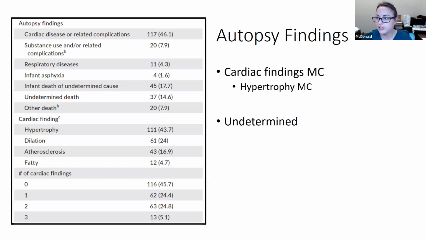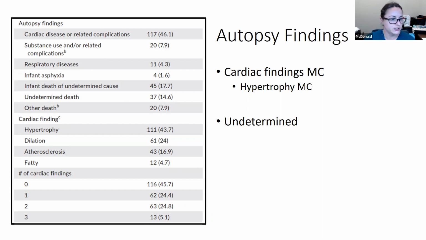For the significant autopsy findings of this cohort, the most common was cardiac, and of the cardiac findings, hypertrophy was the most common, which was seen in 111 of the cases. And it was not uncommon for people to have more than one cardiac finding as well.